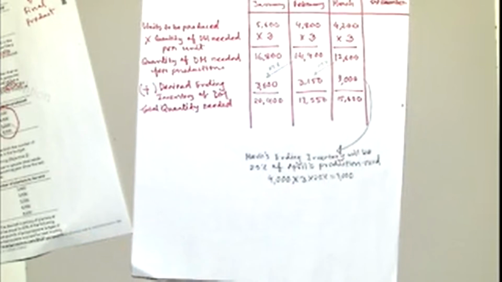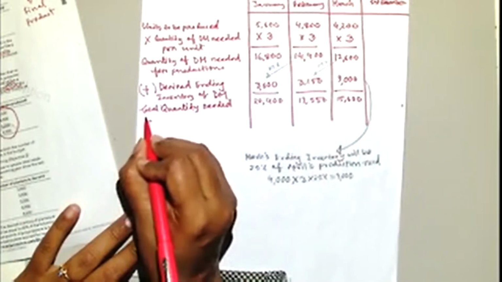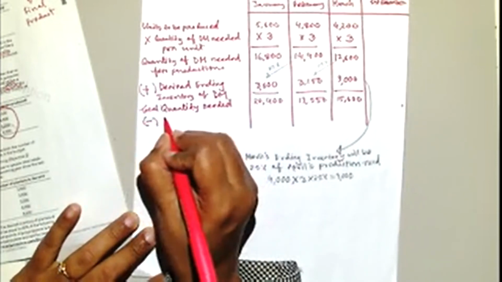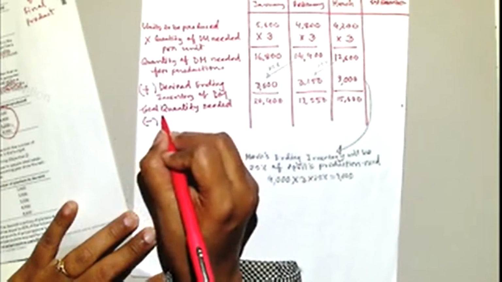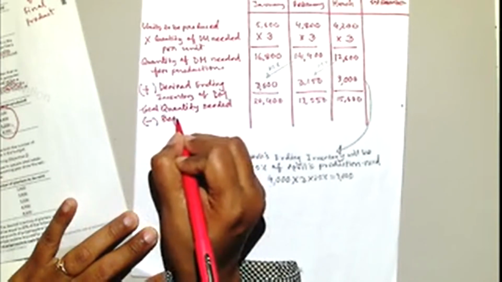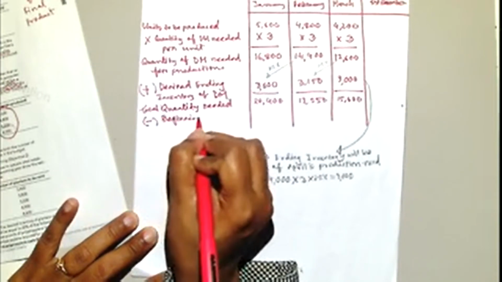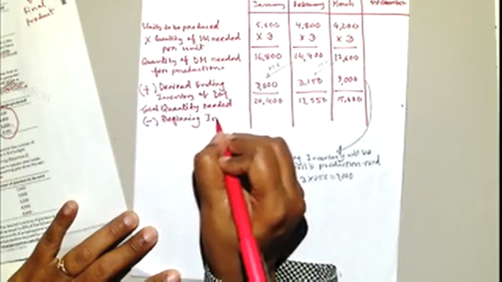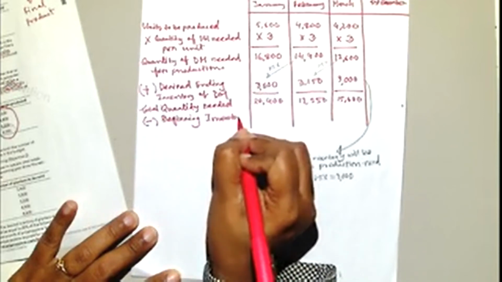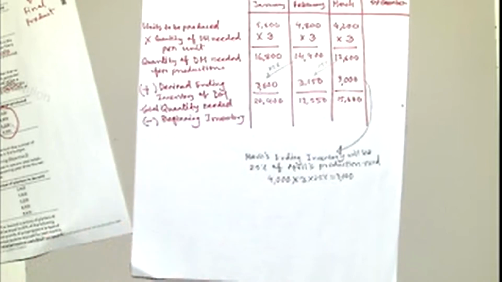Now you have to consider your beginning inventory, because you don't need to buy all of that. So we're going to subtract beginning inventory. Again, beginning inventory means your last quarter's or last month's ending inventory. But for the first month, January, it's a bit tricky. That's why I want to show you.